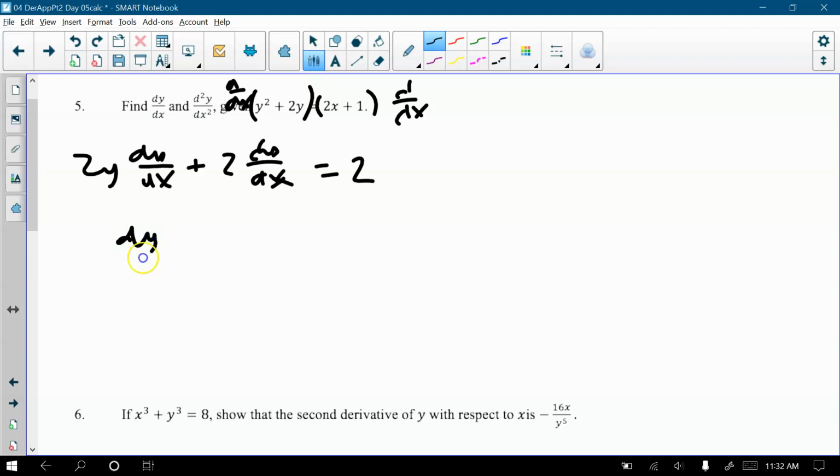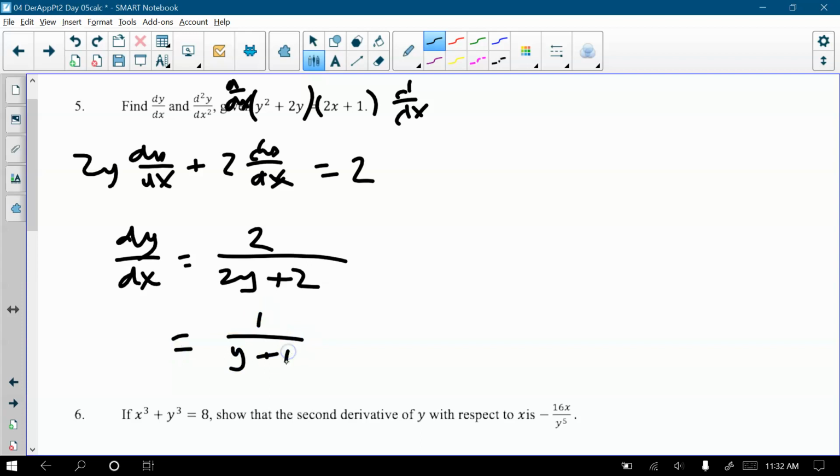So dy dx, this was a little bit of an easy one, dy dx is equal to, not as cumbersome, 2 over 2y plus 2. Everything has a 2, so I can write this as 1 over y plus 1. Okay, that's my first derivative.